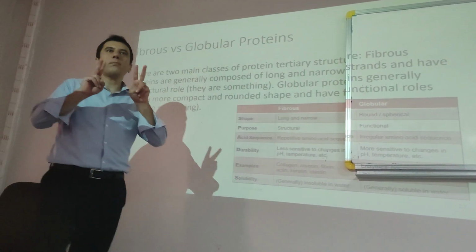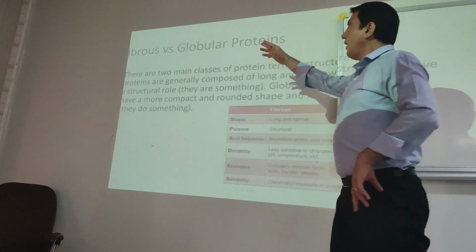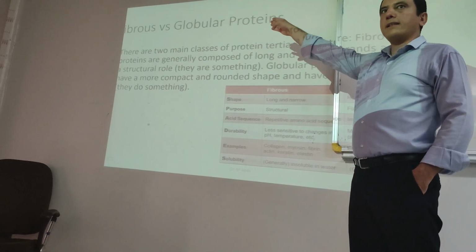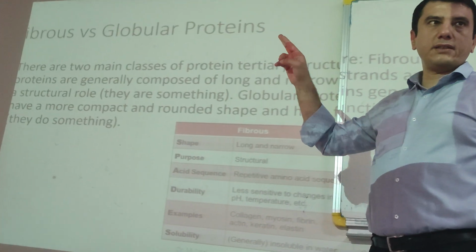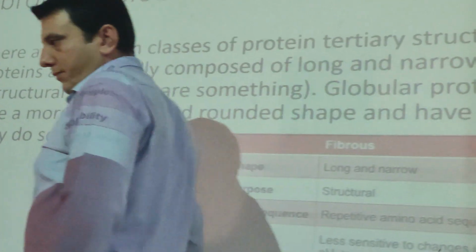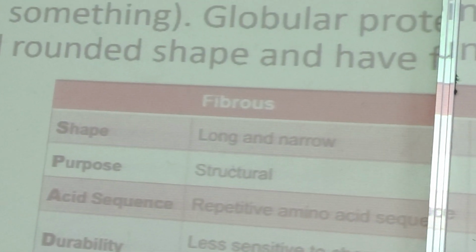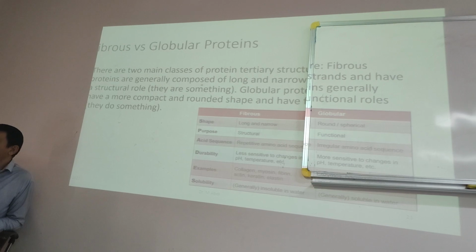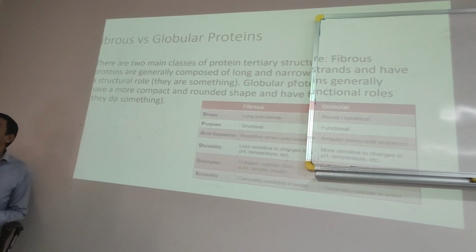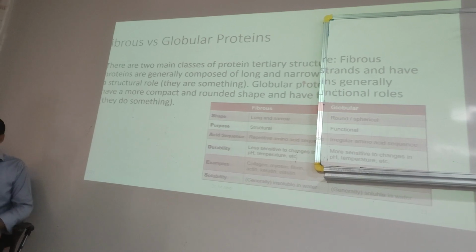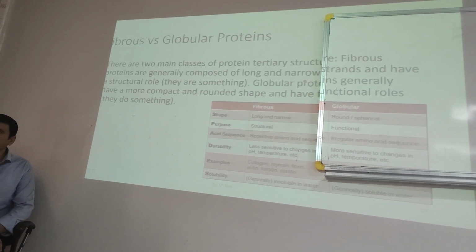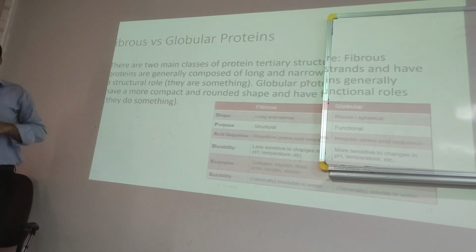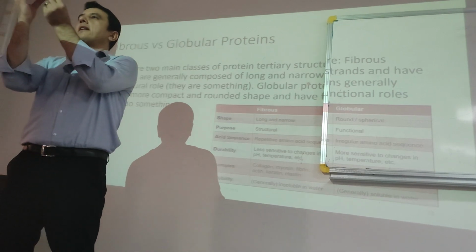We have two types of tertiary structure. Some proteins are fibrous proteins, and some others are globular proteins. There are two main classes of protein tertiary structure. Fibrous proteins are generally composed of long and narrow strands, like this marker. Long and narrow.